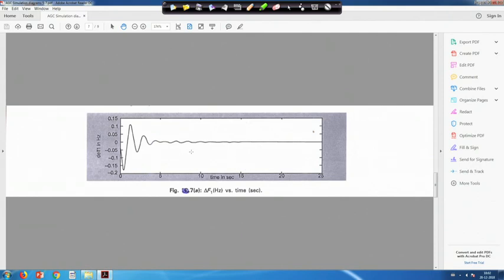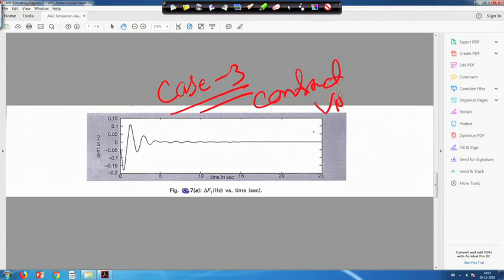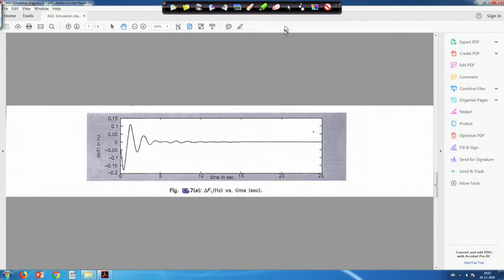This is the frequency deviation in area 1, and this response is for case 3, that is, contract violation. All the responses below are for contract violation. So this is your delta F1. Now, we will go to the next response, delta F2 and others.